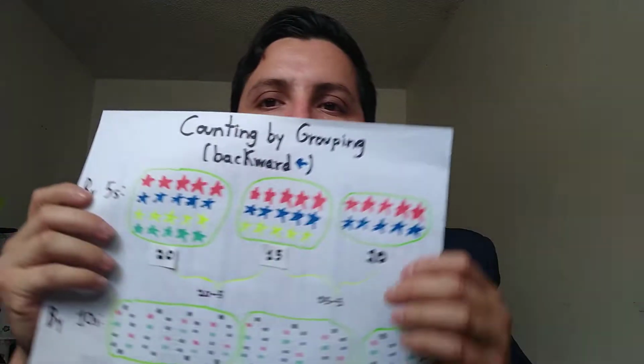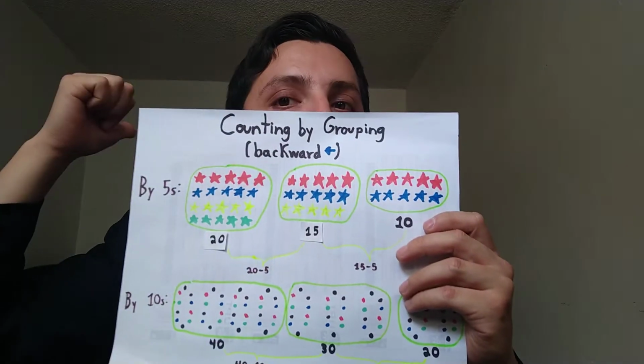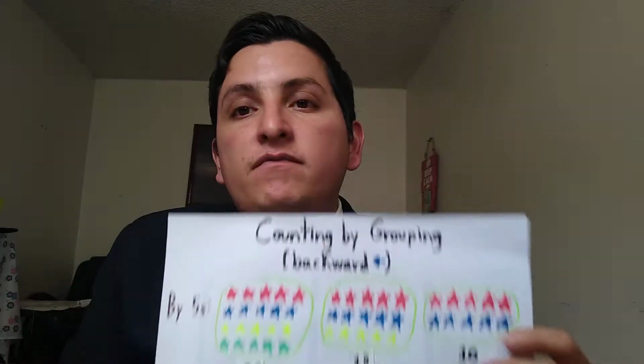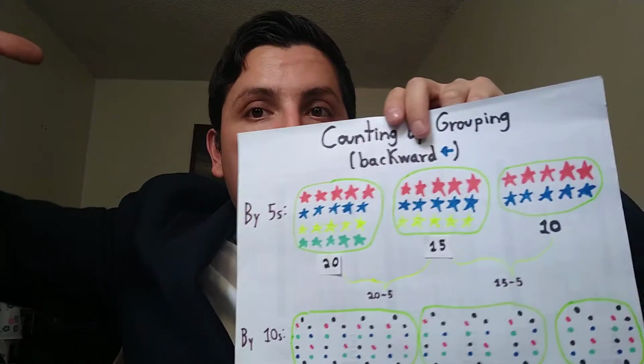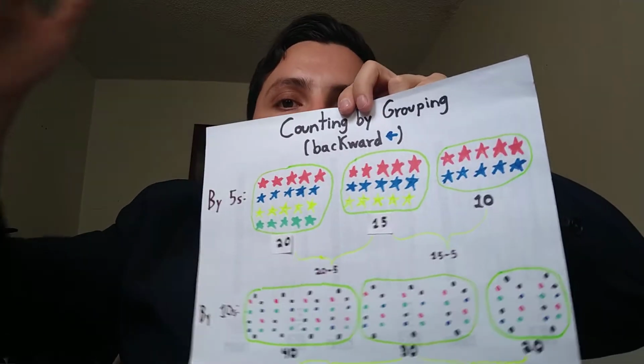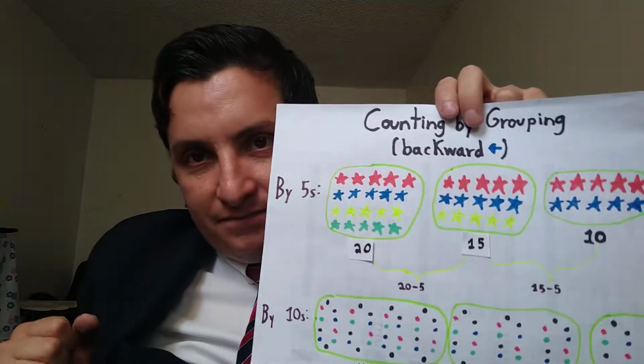So this time we're going to do something similar, but counting by grouping backward. This is the opposite of forward because we begin from a bigger number and we try to get to a smaller number. Yes?